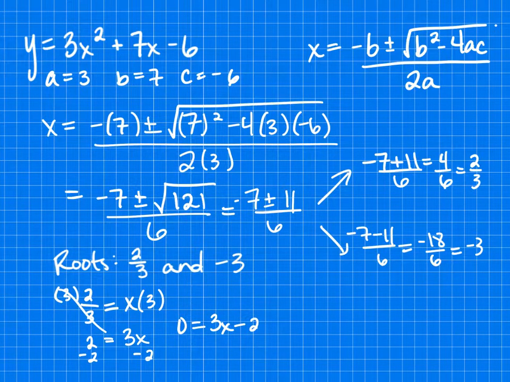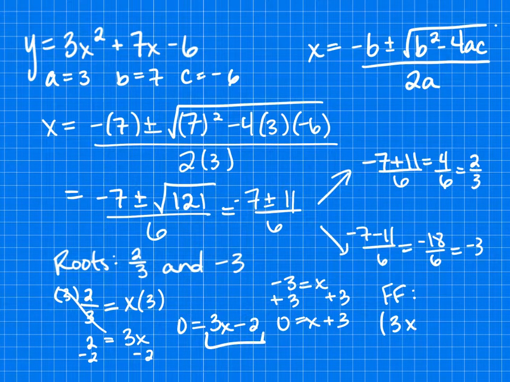So 3x minus 2 is one of our factors. If negative 3 equals x, then all we got to do is add 3. So we have x plus 3 for our other factor. So our factored form is 3x minus 2 times x plus 3.